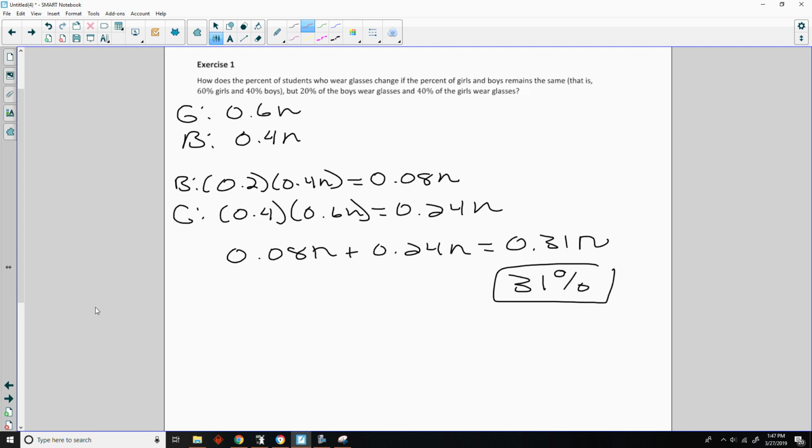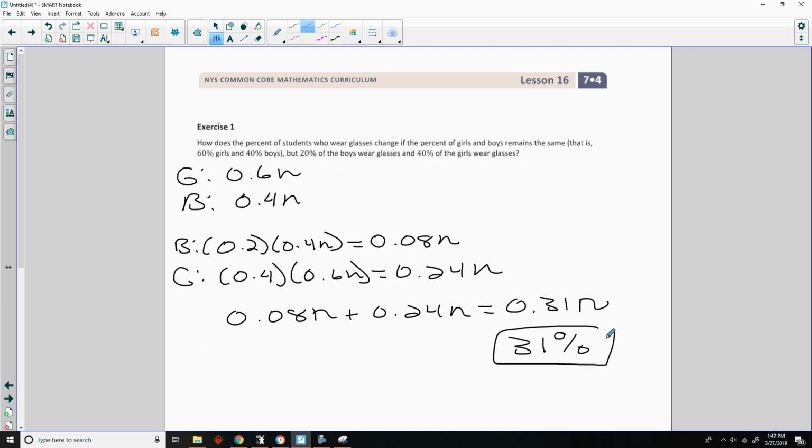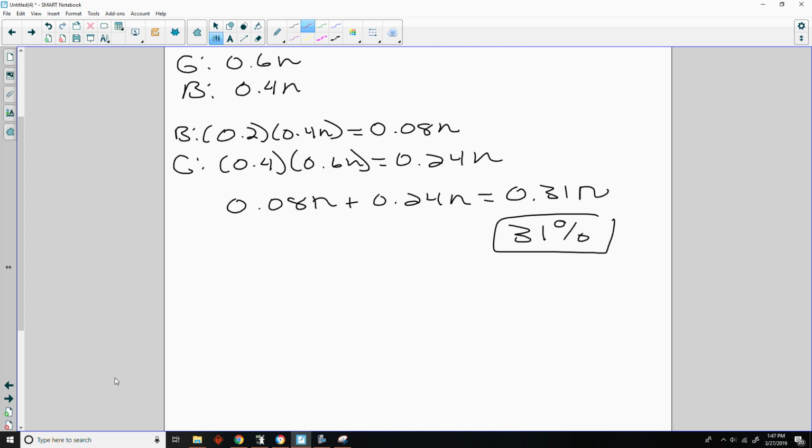So before we had 28% of the student population wears glasses, but with us just switching the percentages of the boys wearing glasses to girls and the ones that was girls to boys, then the percent went up from 28 to 31% needing glasses.